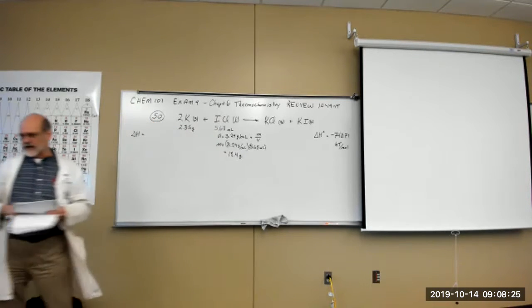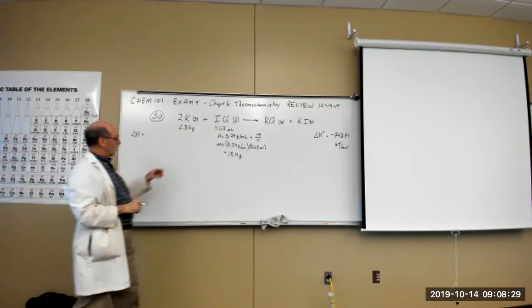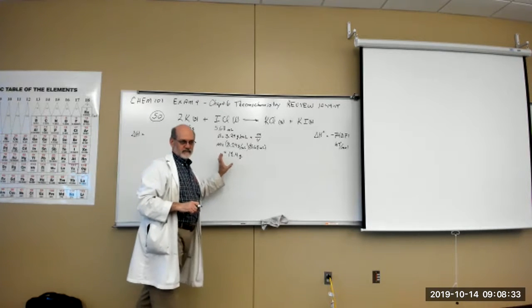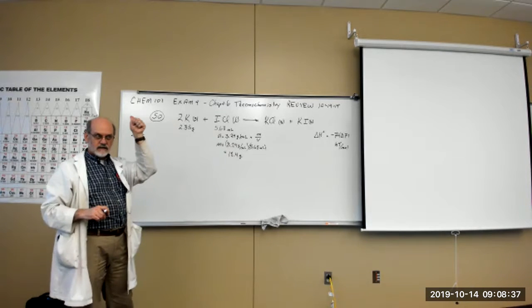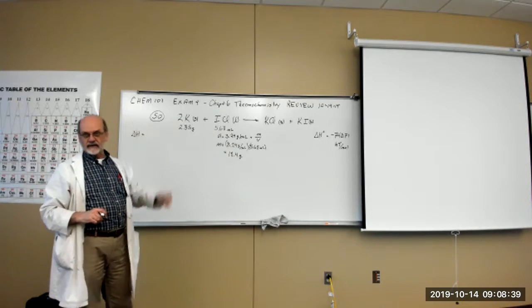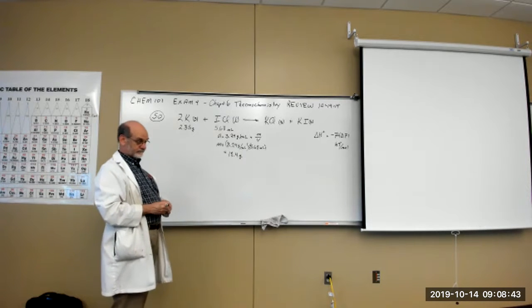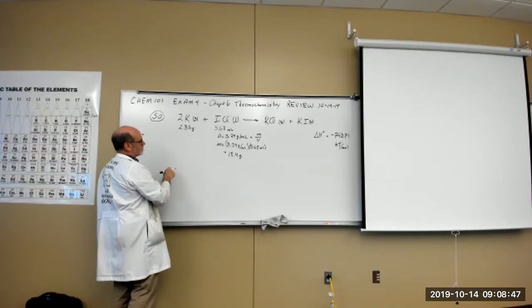The next question you have to answer is, you've got a definite amount of that one and a definite amount of that one. So the light bulb ought to be ding, limiting reactant. Which one runs out first? We have to convert this to moles.